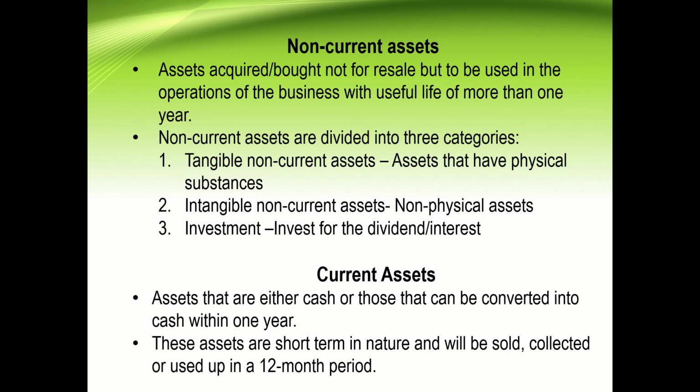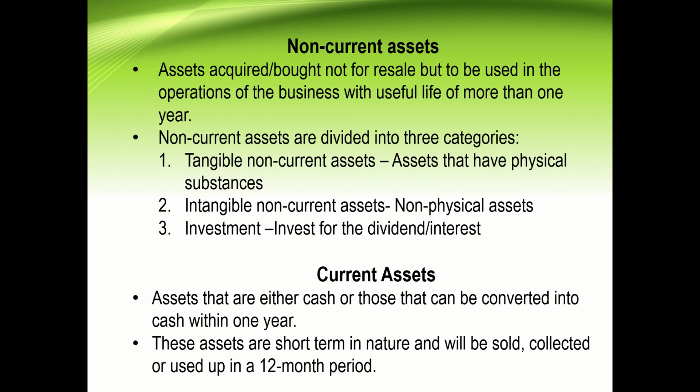Intangible non-current asset. So what is intangible non-current asset? It refers to non-current asset with no physical substance. For example, franchise, trademark, patent, and goodwill.